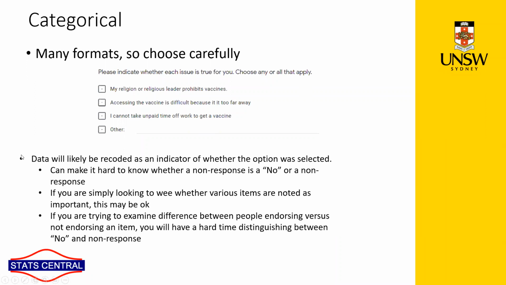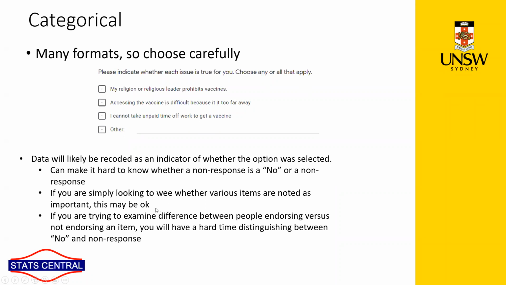That means that you're unable to distinguish whether a blank checkbox is a no, or somebody's like, I'm not answering that question. So you're conflating a no response with a non-response. And in general, that's probably not the best thing.